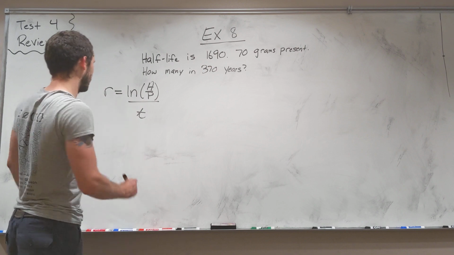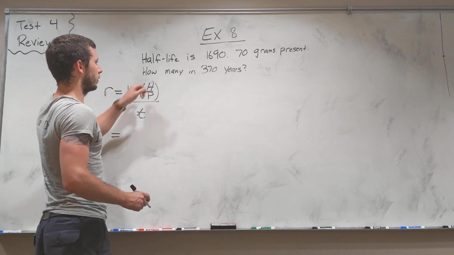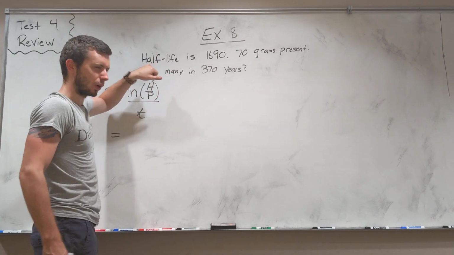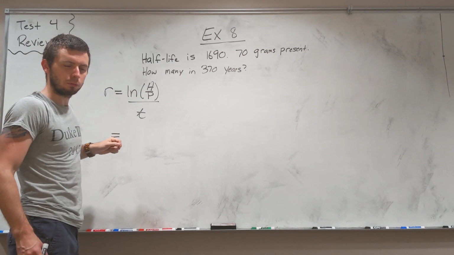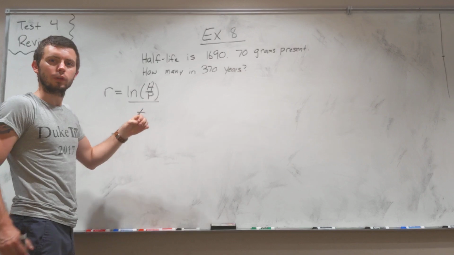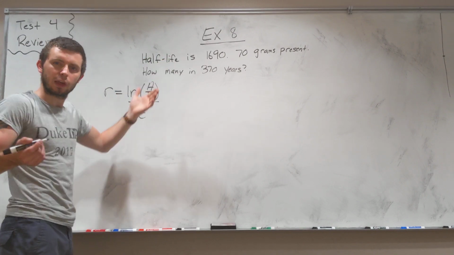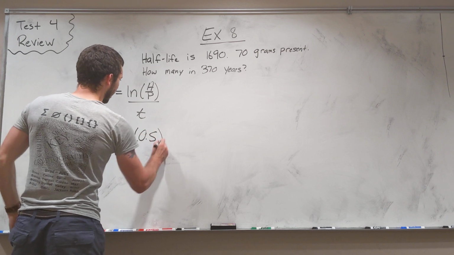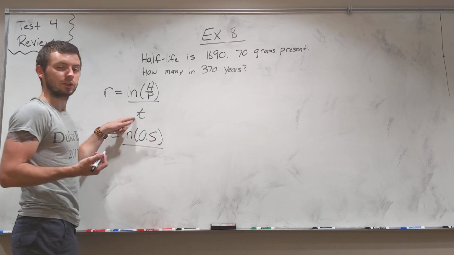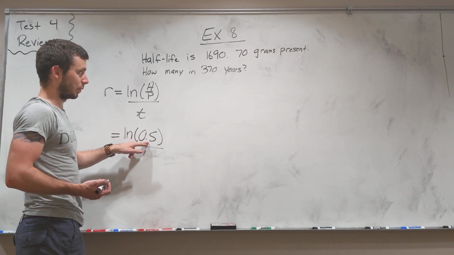Since this is a half-life based problem, that means that the quotient of the final and the initial amount is just a half. I mean, it's half-life. So natural log of 0.5, and how much time does it take for this to become half?